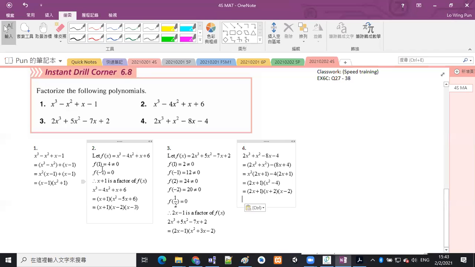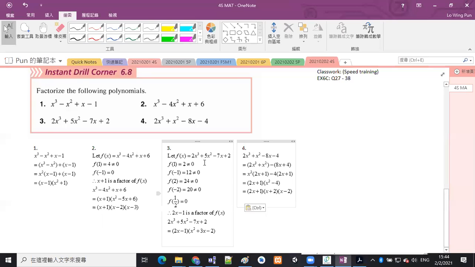Then I start testing from f(1), which is not 0, and then the second one, f(-1), is already equal to 0. So x plus 1 is a factor of f(x). Then I just factorize the x plus 1 out, and the remaining factor is x squared minus 5x plus 6. This remaining factor can be further factorized into a product of two smaller factors. So the final answer is like this.